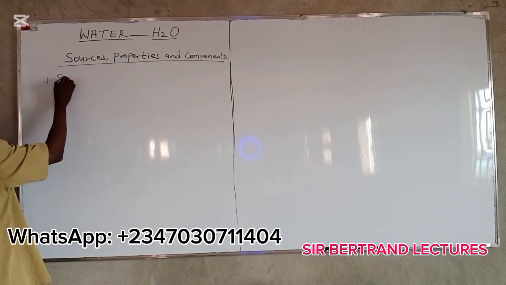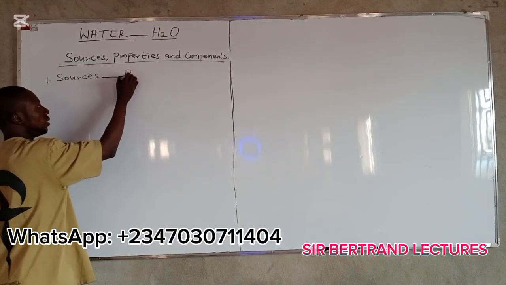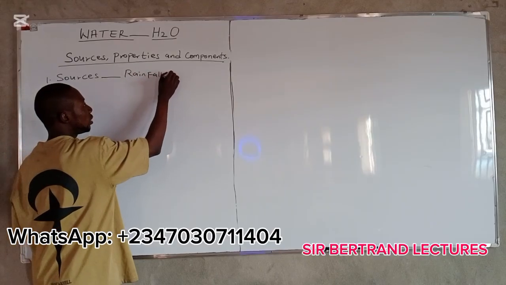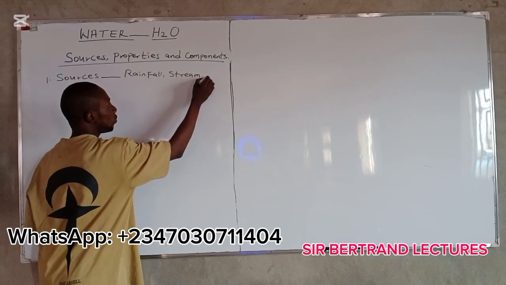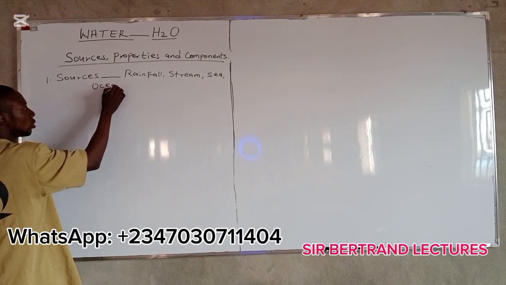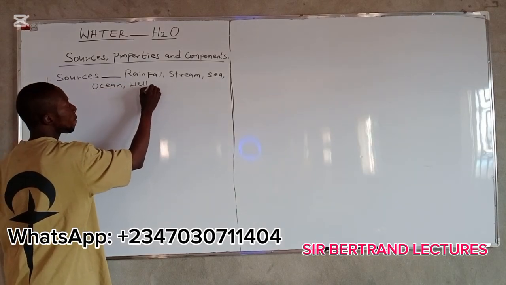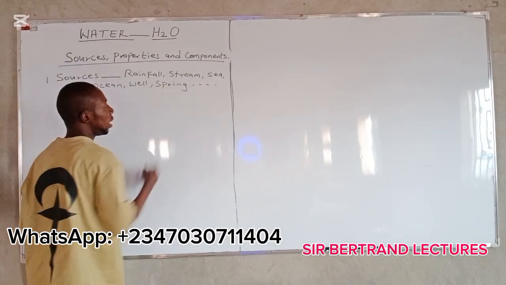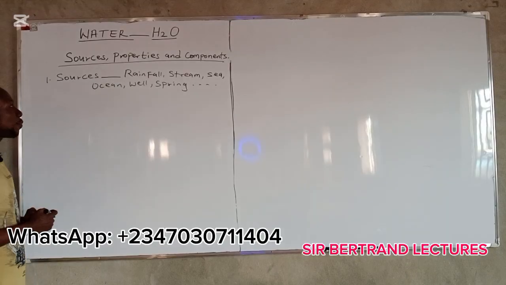First, sources of water. One is rainfall, stream, sea, ocean, well, spring, and so on. These are the sources of water.